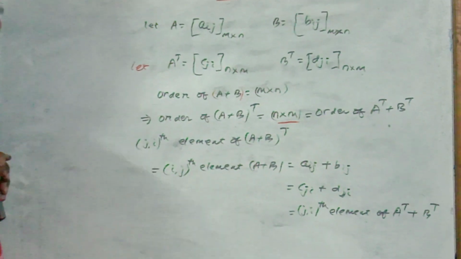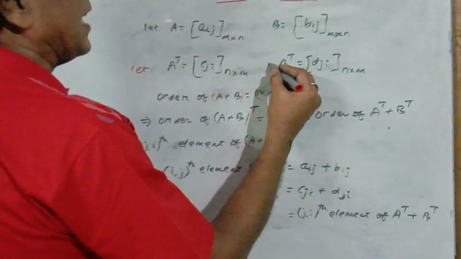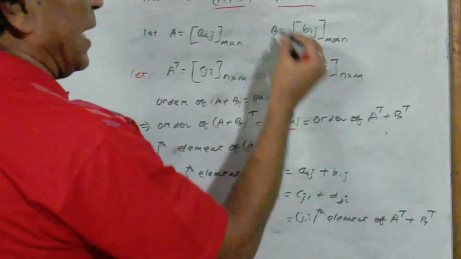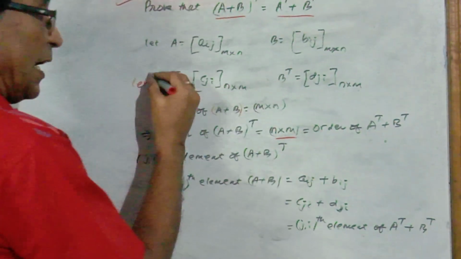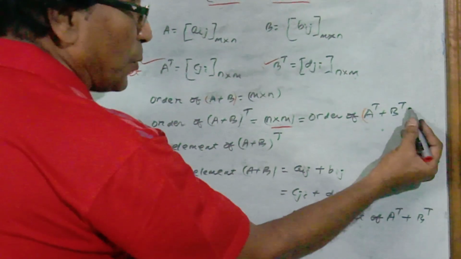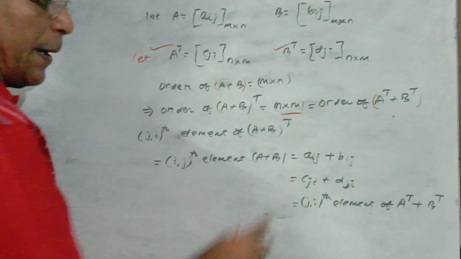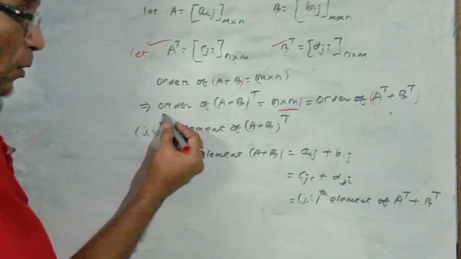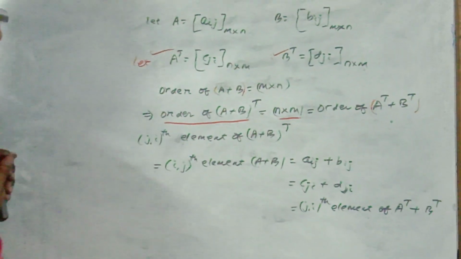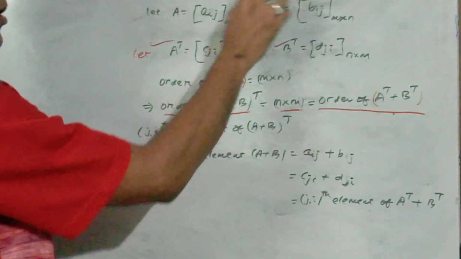And again you see whether it is equal to the order of A transpose plus B transpose. The order of A transpose plus B transpose is also equal to n cross m. Hence we have proved that the order of A plus B whole transpose is equal to the order of A transpose plus B transpose. Their orders are the same.